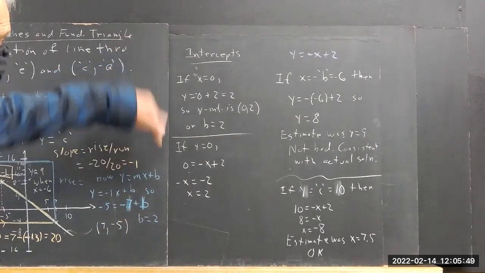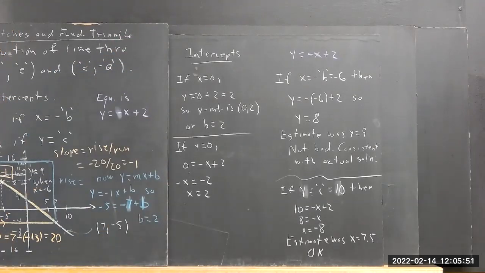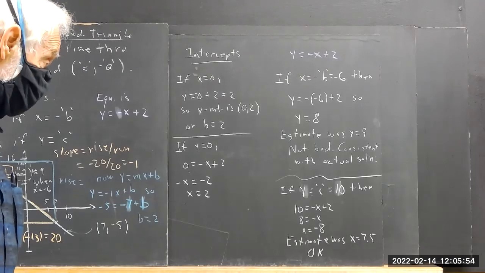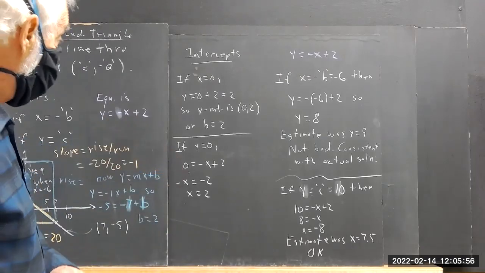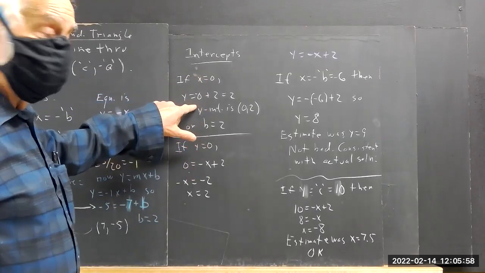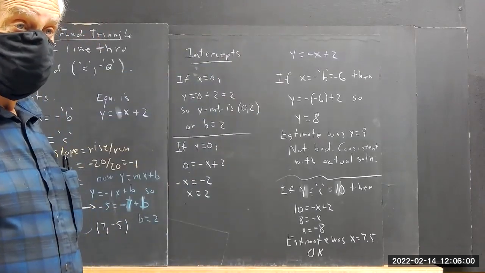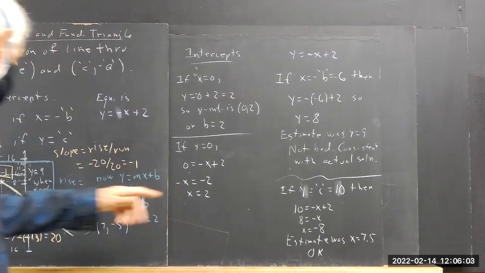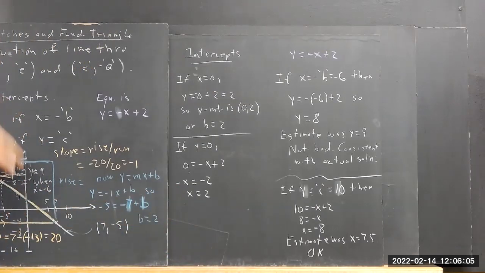It's really simple. Connect to 0, that means you got a point on the y.